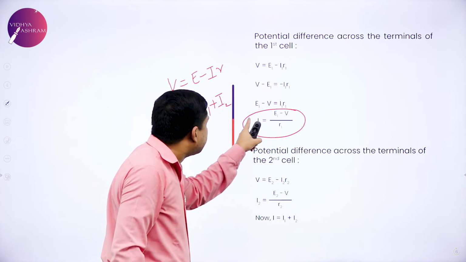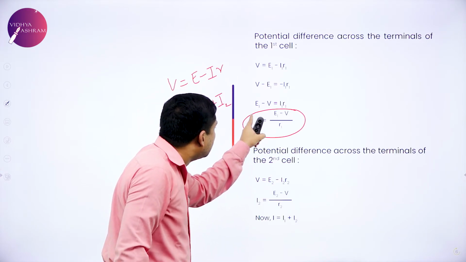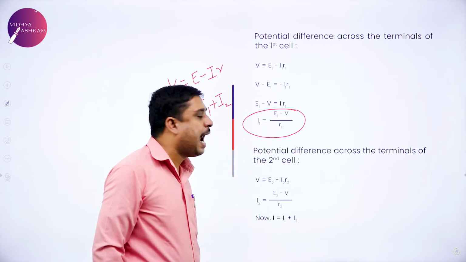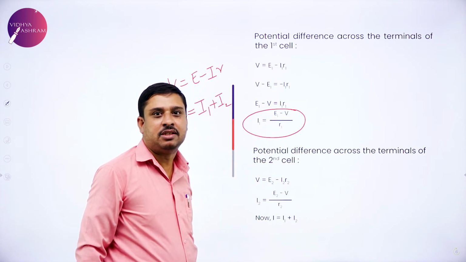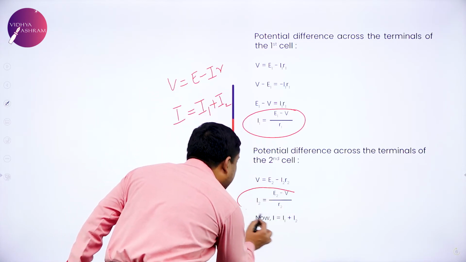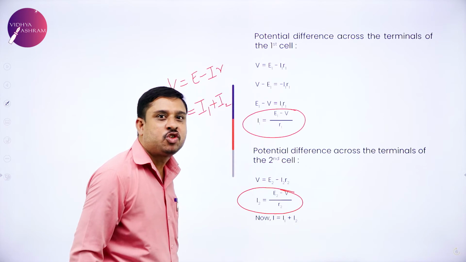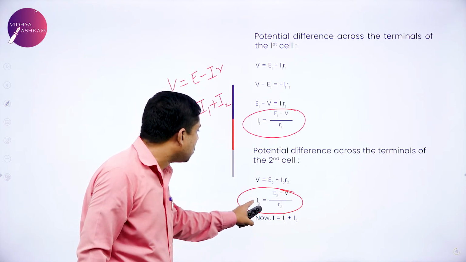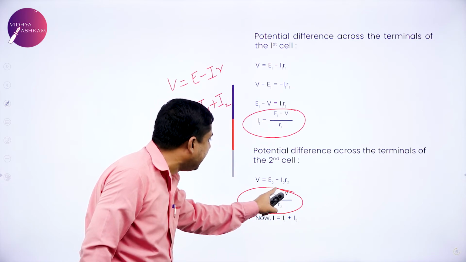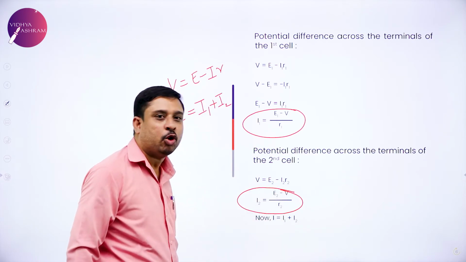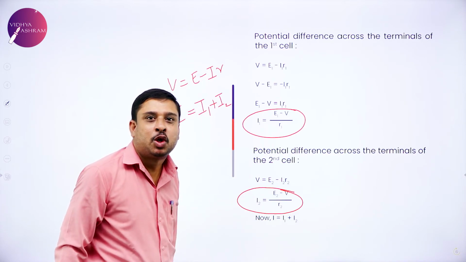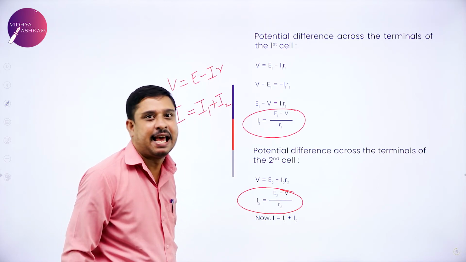This is the current flowing through the first cell in terms of EMF and internal resistance. Similarly, for the current flowing through the second cell, the potential remains the same. So I2 is (E2 minus V) divided by R2. This is the current which flows through the second cell.